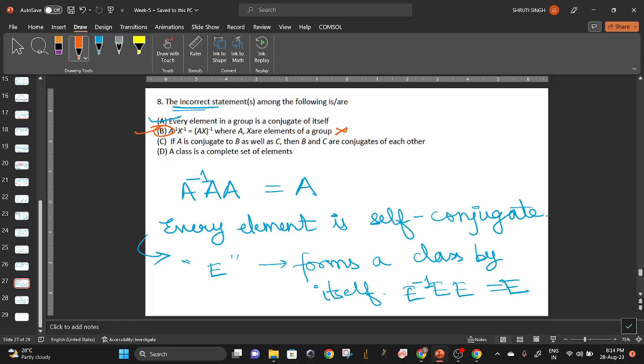Now C is, if A is conjugate to B as well as C, then B and C are conjugates of each other.